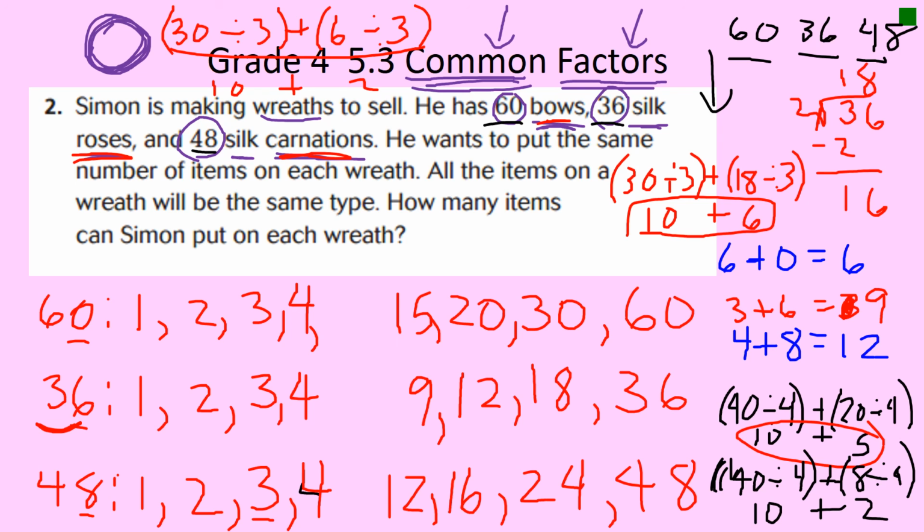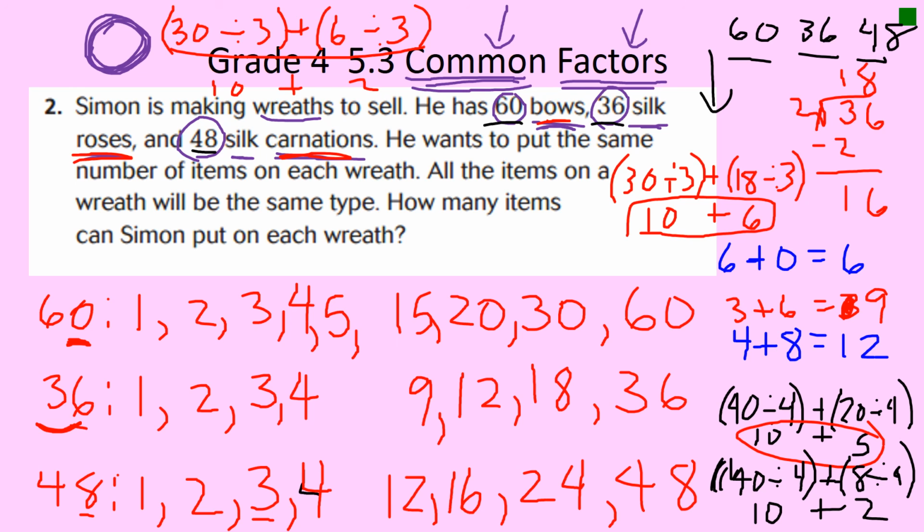Okay, back up here to 5. 5 is definitely a factor of 60 because it has a 0 or a 5 in the ones place. Whoop. So I know that 5 times 10 is 50. So 5 times 11 is 55.